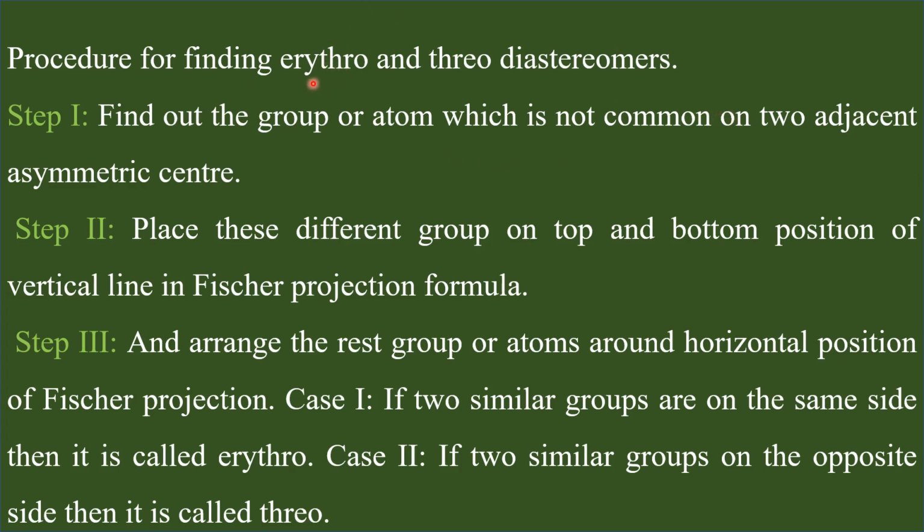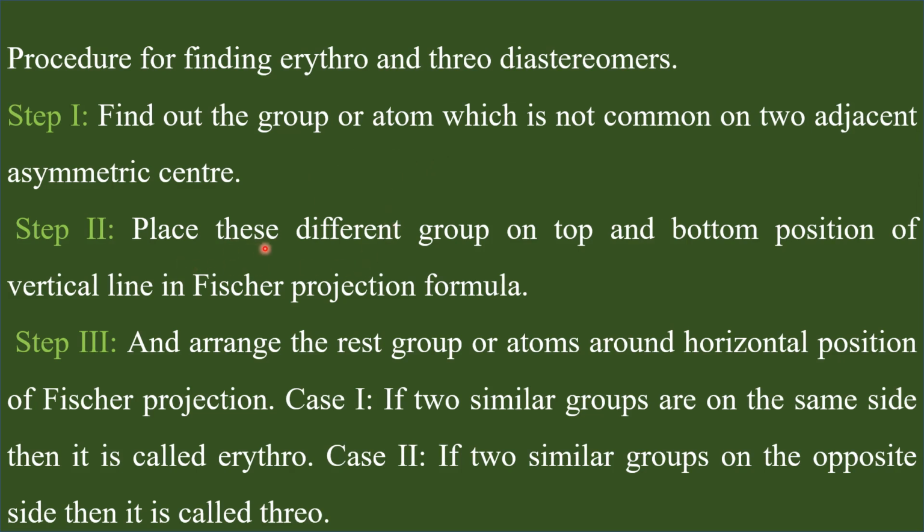So for finding out whether the compound is erythro or threo, step 1, find out the group or atom which is not common in the two adjacent asymmetric centers. So A, B, and apart from that X and Y are there. So X and Y are the different groups present in the adjacent chiral centers that you have to identify.